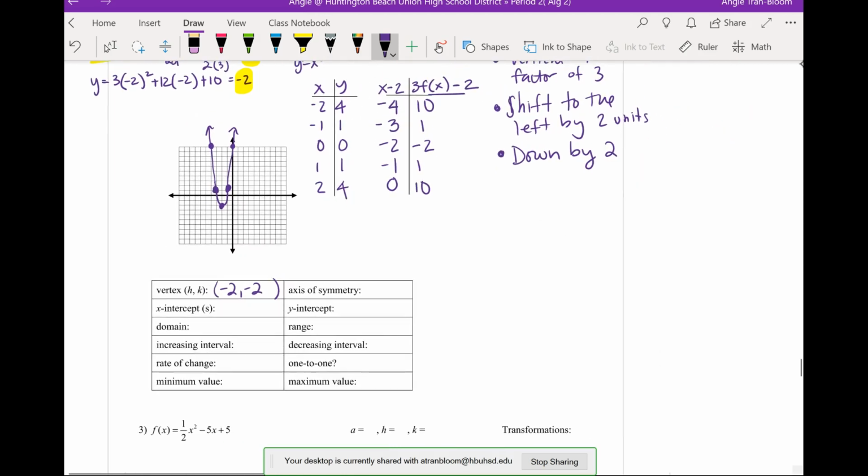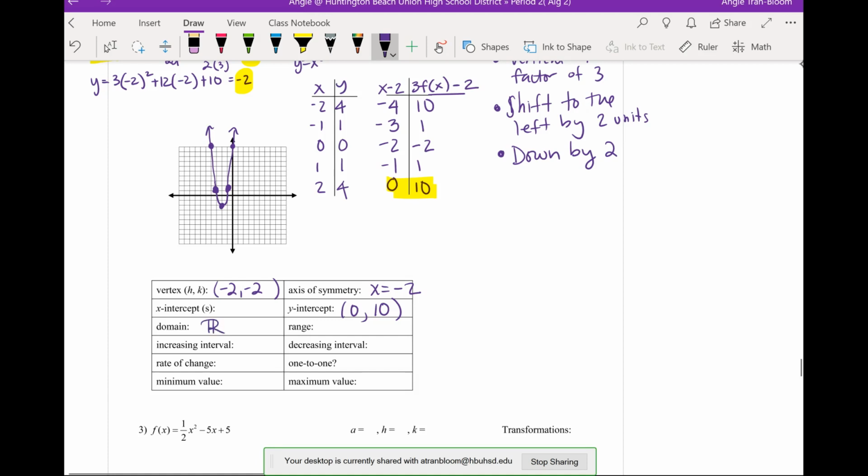Okay, let's fill out the chart. Axis symmetry. Quickly, what is it? Yep. Y-intercept. We're going to do the easy ones first. Y-intercept is 10. Y-intercept is when x is 0. We already have it right there. Okay. Domain. We're going to come back to the x-intercept because that requires a bit of work. All real numbers.